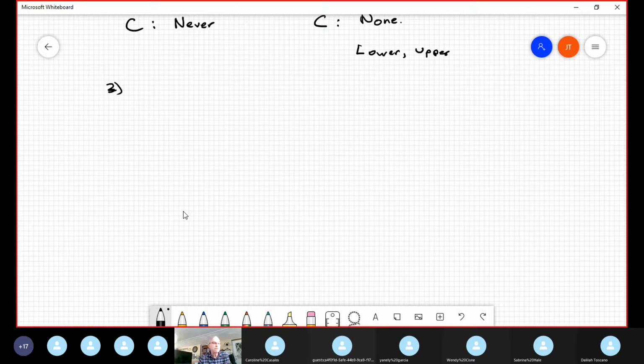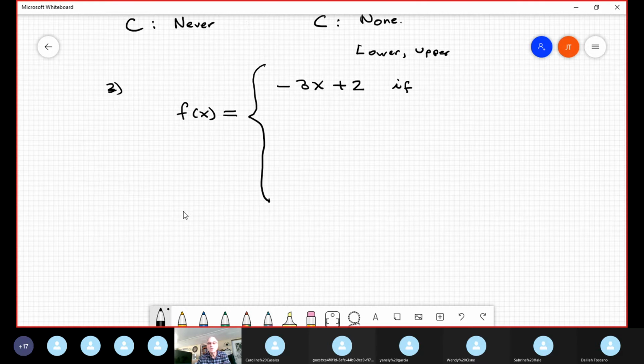Number three is a piecewise function, and the piecewise function is defined in this symbolic way. You open the big curly bracket. Then the first expression is minus 3x plus 2 if x is less than negative 2.